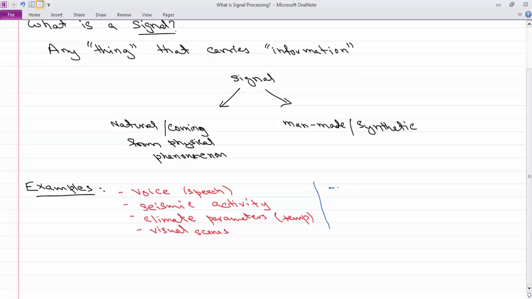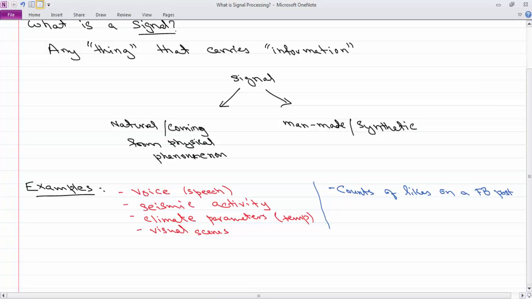For example, the counts of likes on a Facebook post, that's a signal. It's just counting how many likes you got on a post. It's telling you how popular it is or not popular.